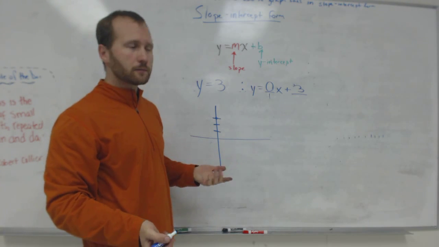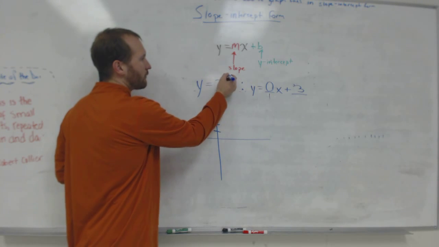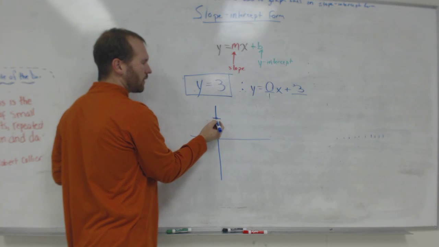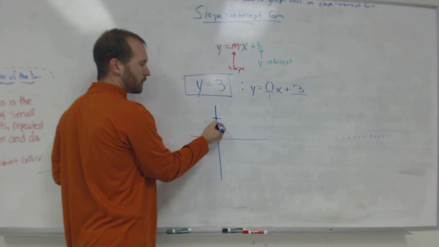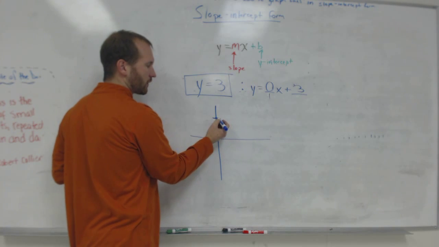That's still 0. So the key here is that when you have y equals, you're never going to go up or down. You just go y equals 3, so you go up 3, and then your slope is just straight over.